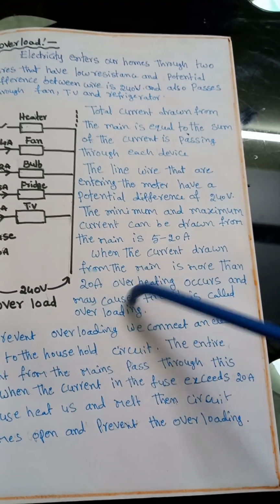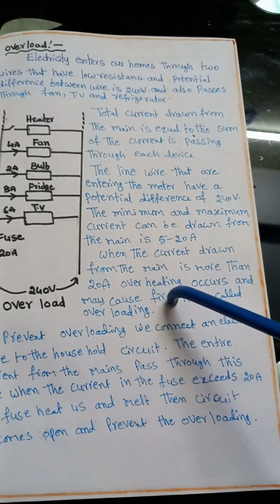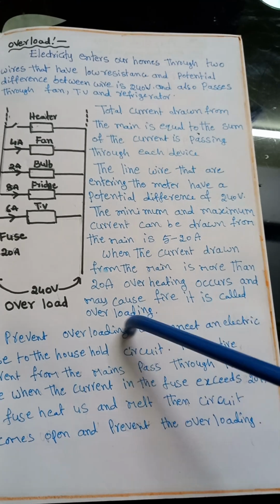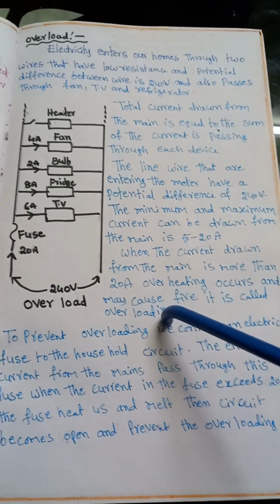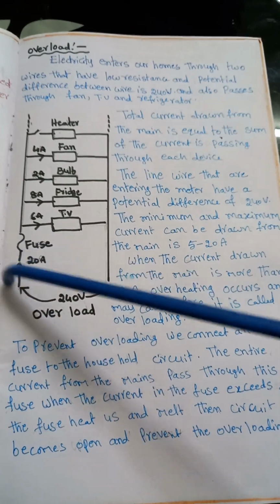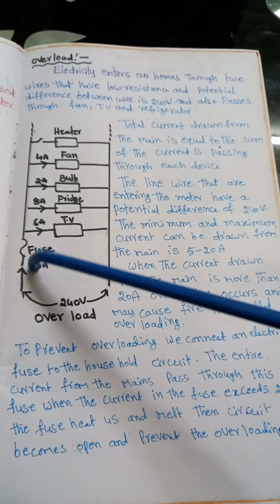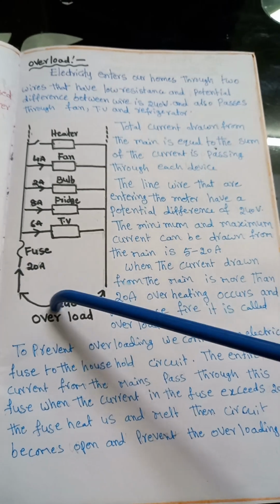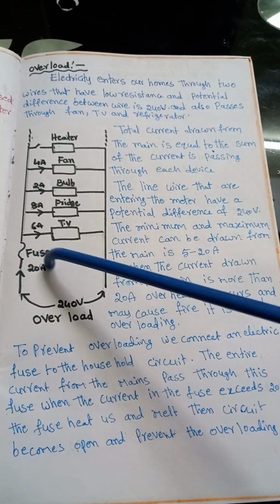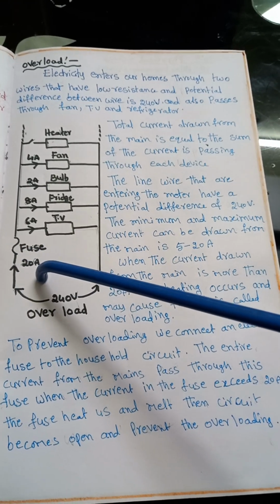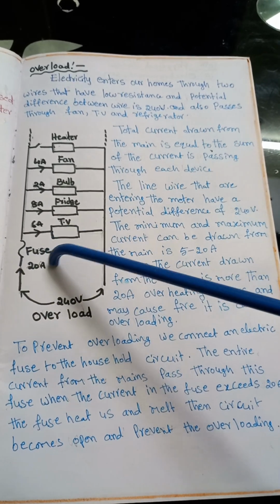When the current drawn from the main is more than 20 amperes, overheating occurs and it may cause fire. It is called overloading. In the meter there is a connection of a thin wire. So when we use current more than 20 amperes, this wire may cause fire.